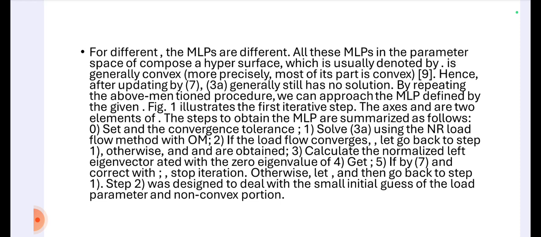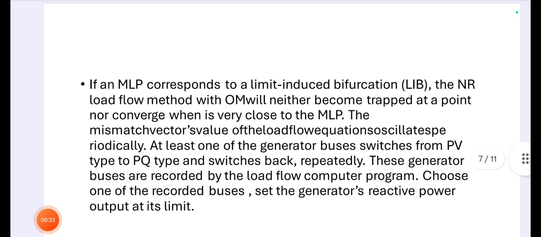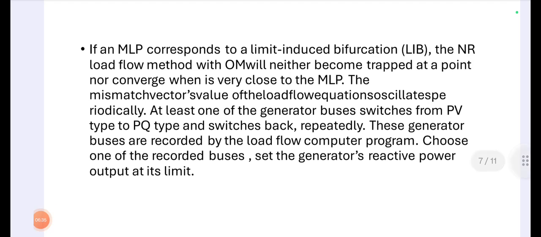So, if an MLP corresponds to a limit-induced bifurcation, the NR load flow method with OM will neither become trapped at a point nor converge when it is very close to the MLP. The mismatch vector's value of the load flow equation oscillates periodically.